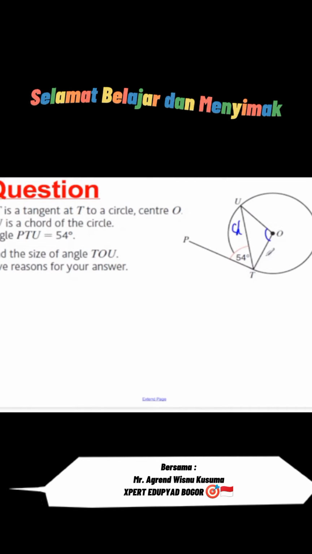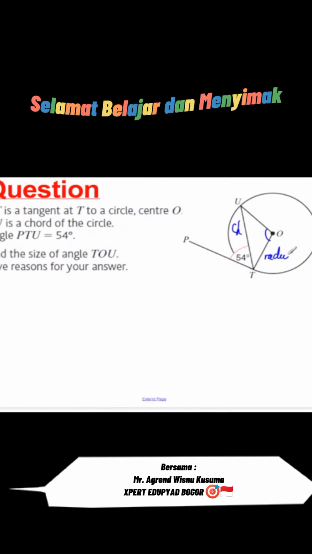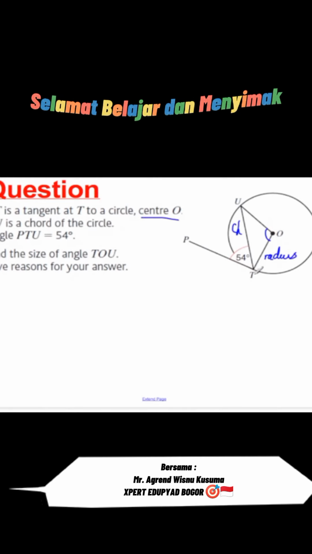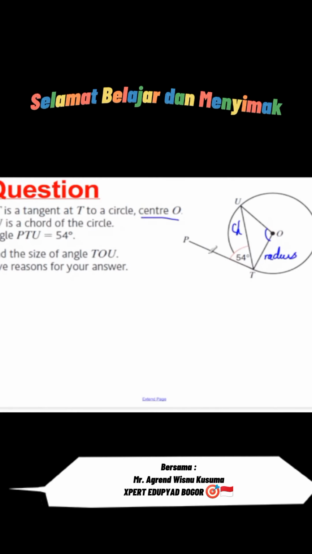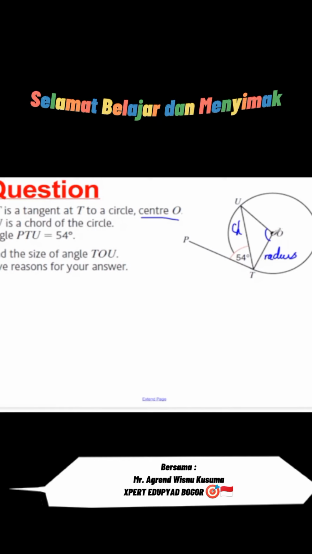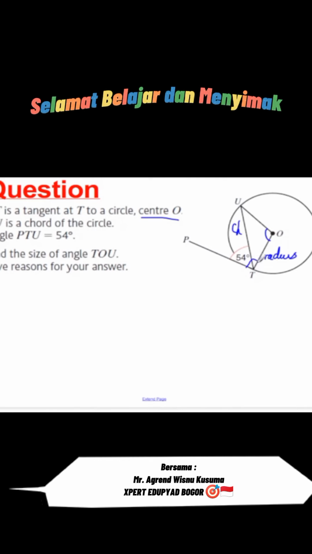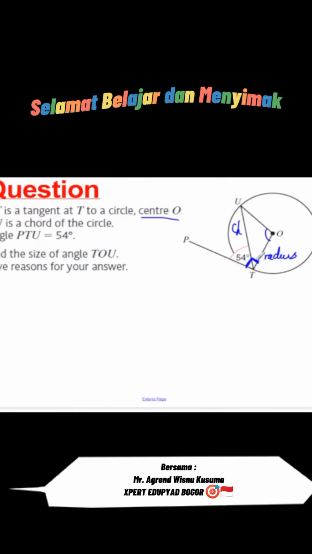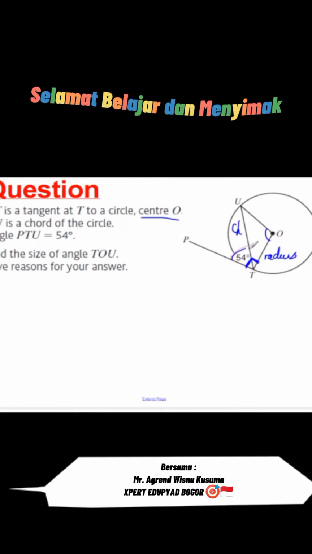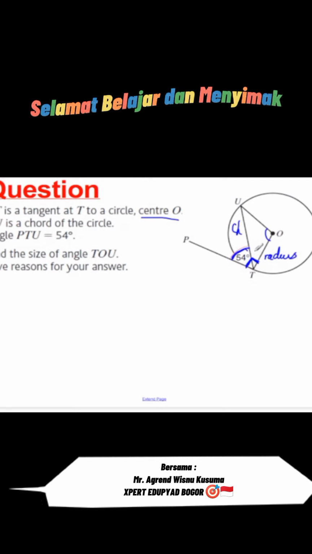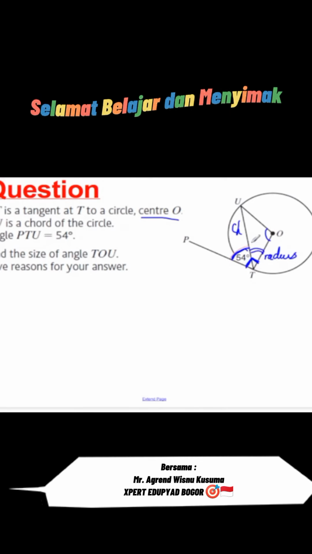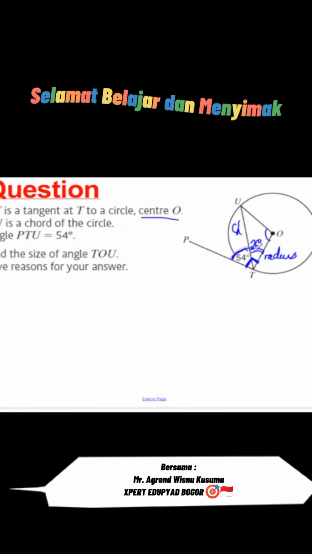Now, TO is obviously a radius, because it's a line from the center O to the edge of the circle. When a tangent meets a radius, the whole angle is 90 degrees. Now if that whole angle is 90 and just this part of it is 54, this must mean that this angle here is equal to 26 degrees.